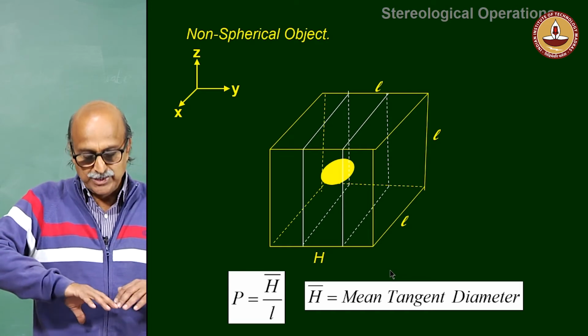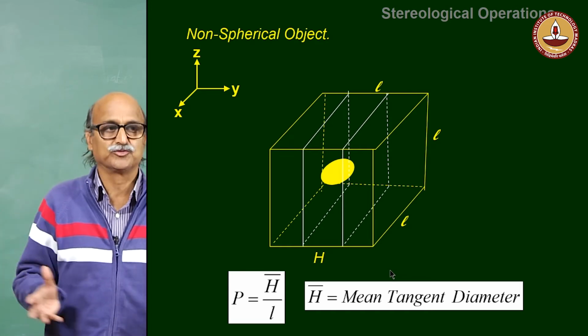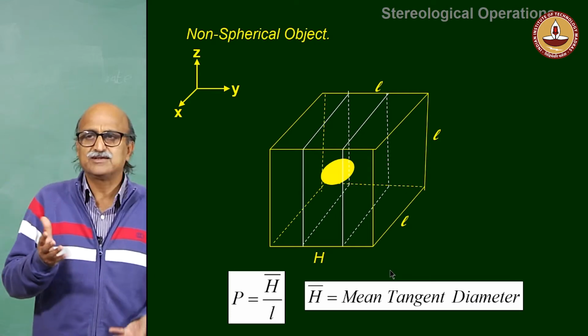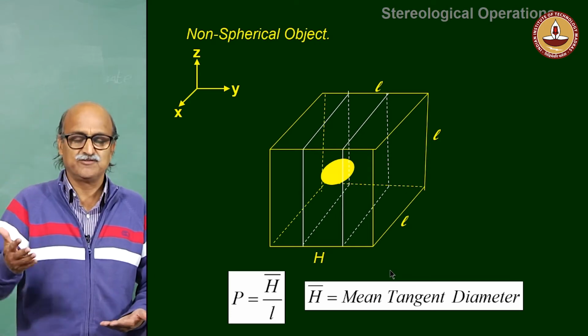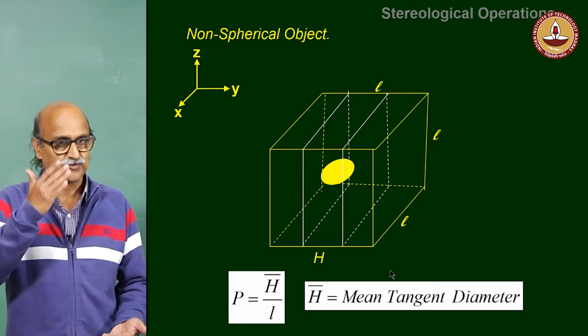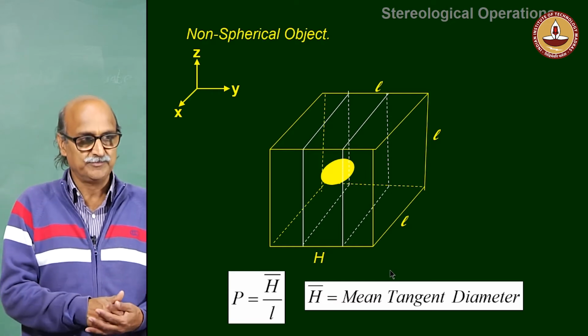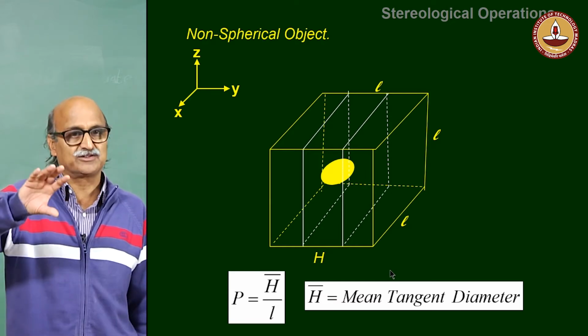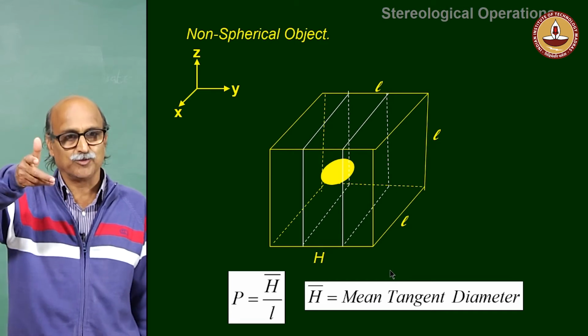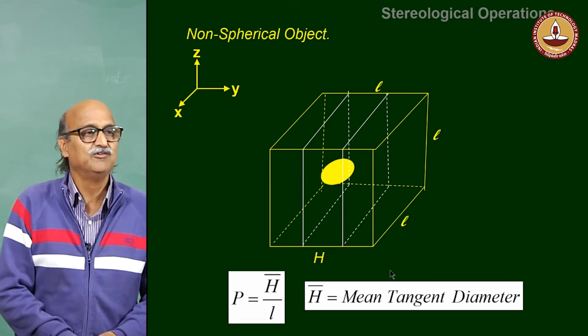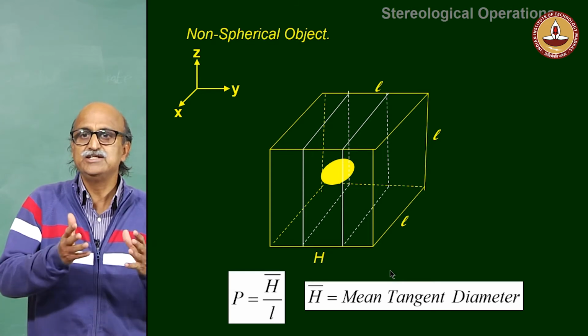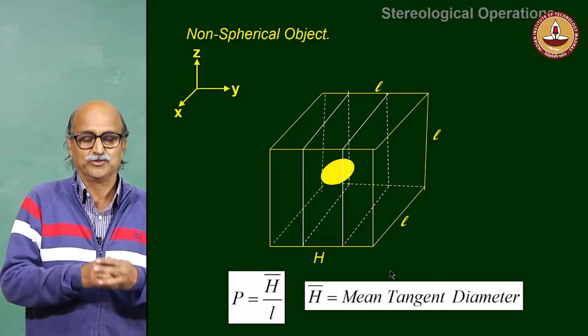That means we have to average it over all possible orientations. It is something similar to what we did when we were deriving the relation for the Buffon's needle problem, where we averaged the projection length of the needle over all possible orientations. Here we have to average the tangent diameter over all possible orientations.